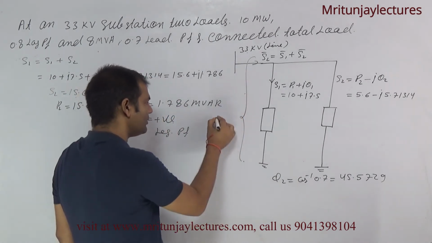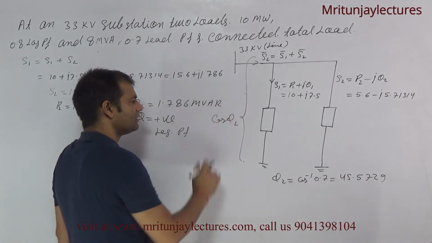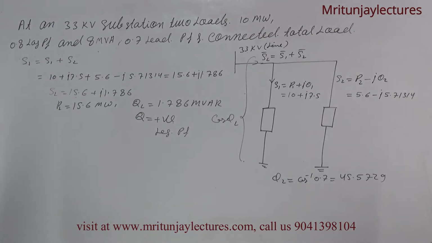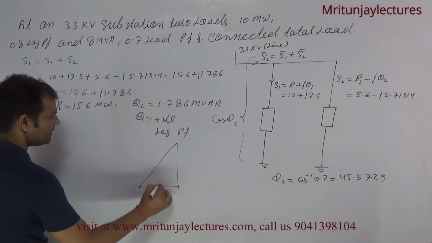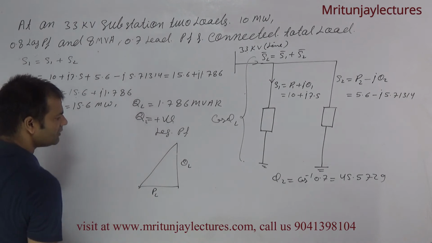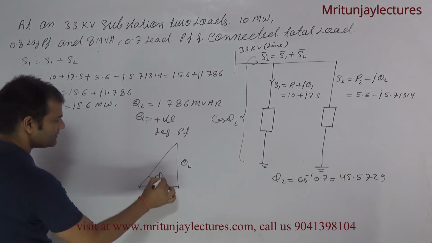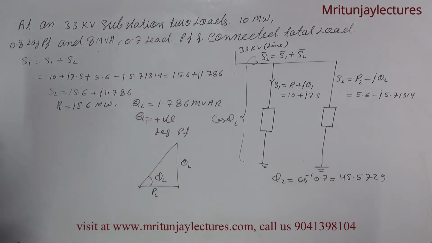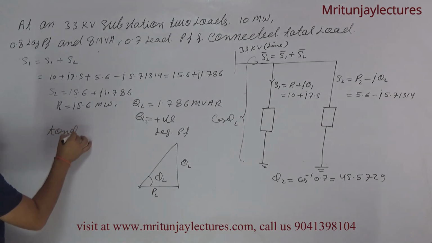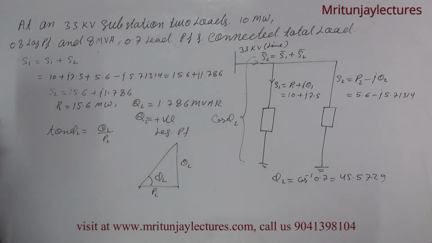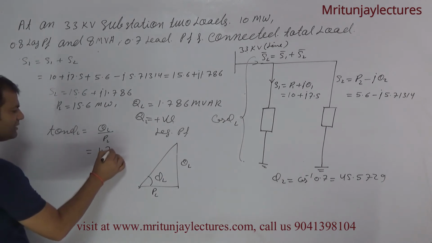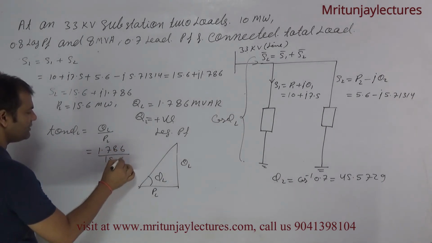If you want the supply power factor, cos phi L, we have PL and QL, and that is phi L. Tan phi L is written as QL divided by PL, that is 1.786 divided by 15.6.